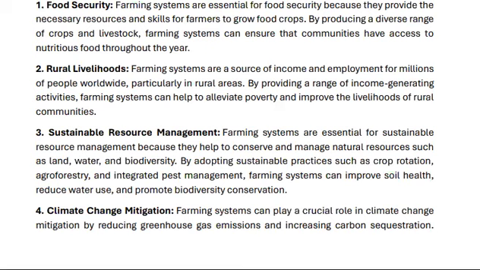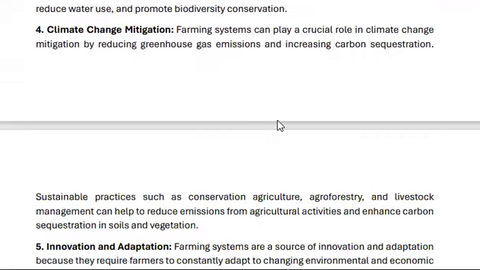Then farming systems improve soil health, reduce water use, and promote biodiversity conservation. Another importance, we have climate change mitigation.